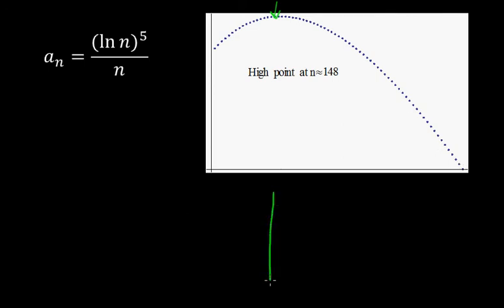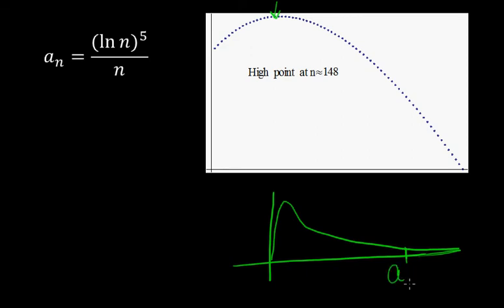And in fact, if I were to plot many more terms, it looks like this. But it doesn't even get less than 1 until n is equal to about 330,000.